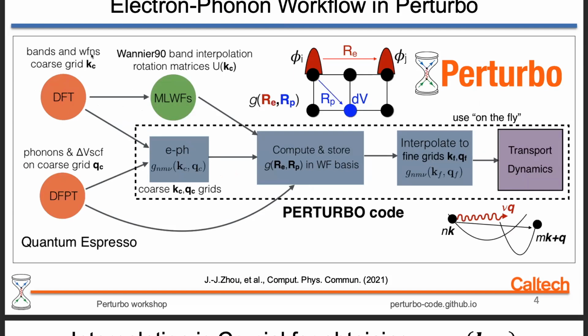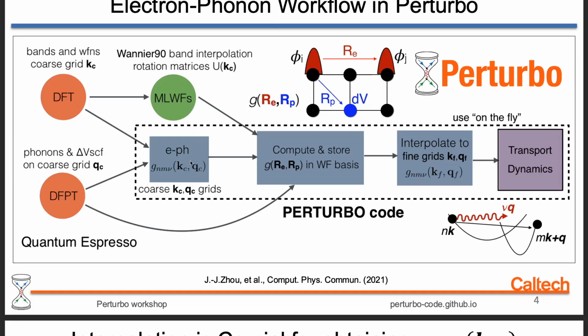So the bands and wave functions come from DFT, and the phonons and perturbation potentials from DFPT. These are on coarse k and q grids, like you would do for any kind of DFT calculation. We also get maximally localized Wannier functions from Wannier90, which is a local electronic basis.